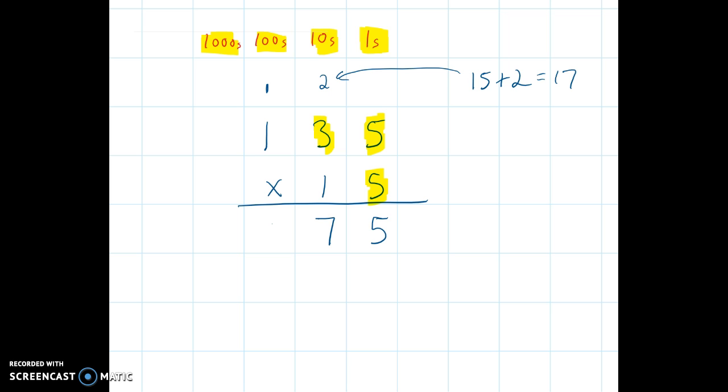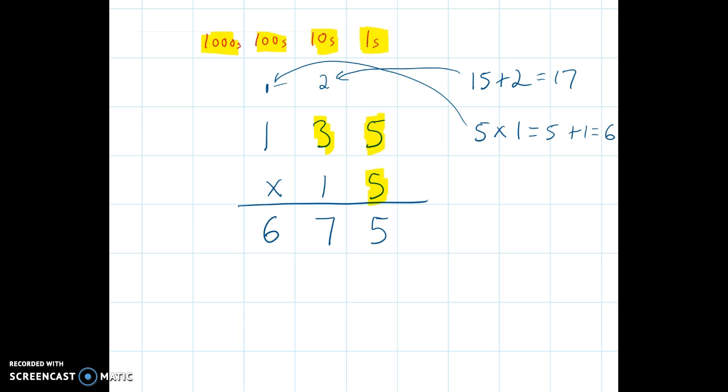Then I'm going to go 5 times 1, and that's going to equal 5, and then I have to add my 1 that I carried, so that's going to equal 6. So I'm going to have 6 right here.